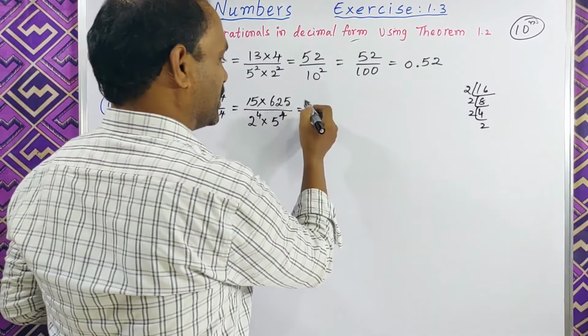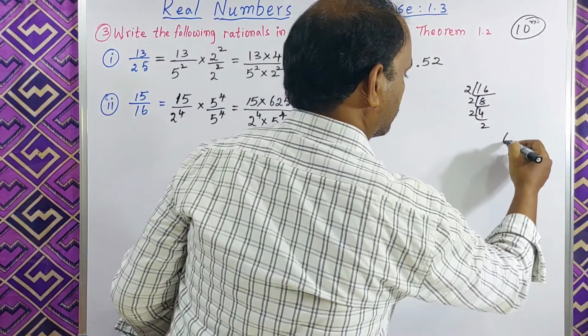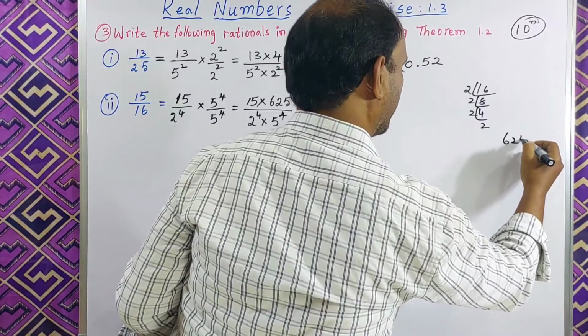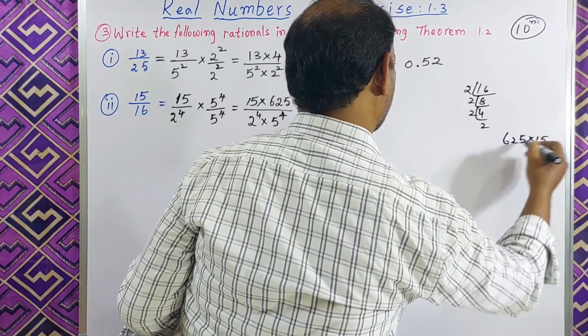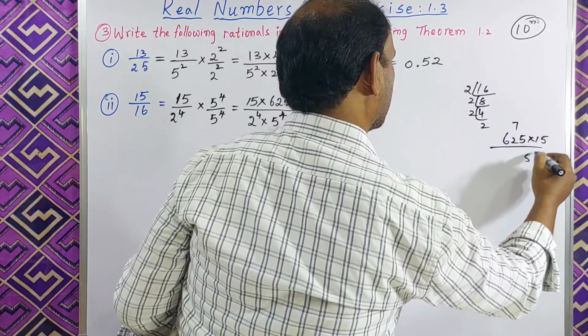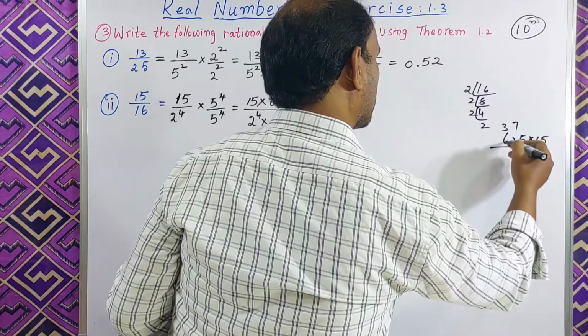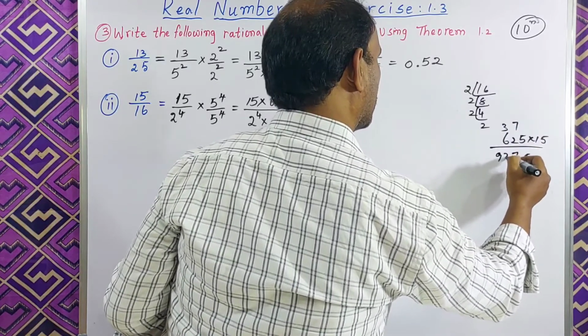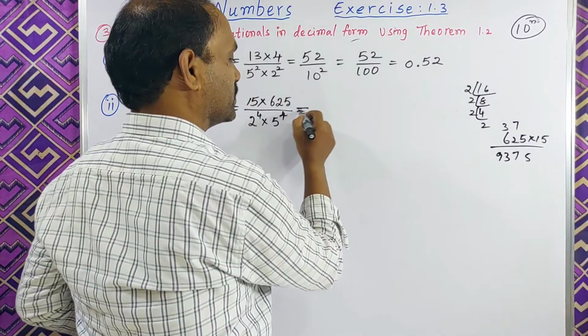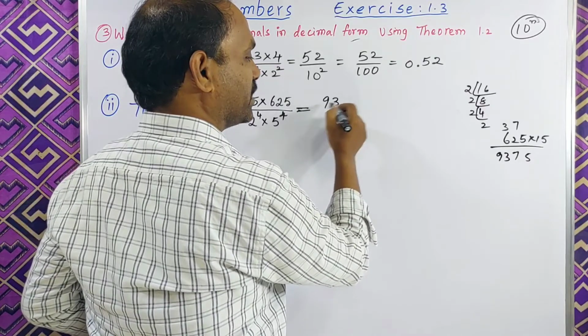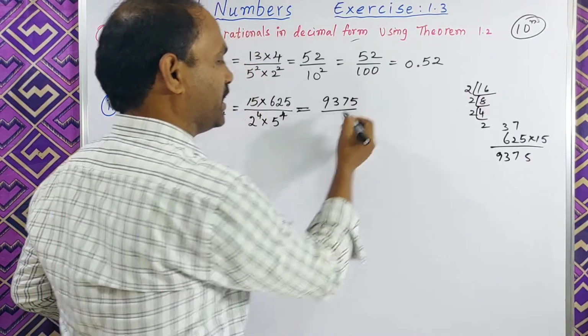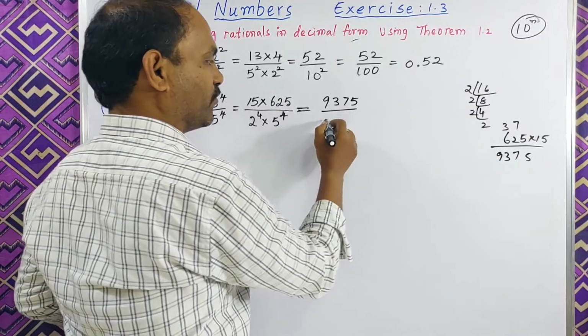Let us multiply: 625 into 15, 75, 30, 37, 90, 93. So this is 9375 by 2 into 5, which is 10 power 4.